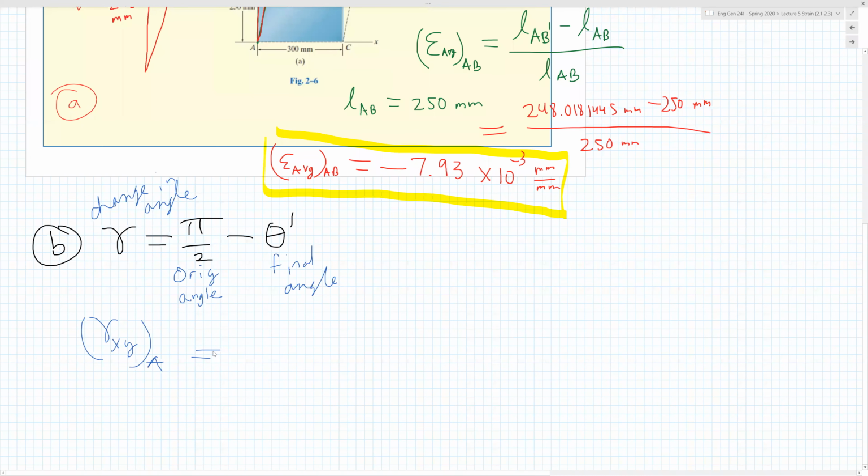At point A, okay? So we need to figure out what theta prime is. We already know the original, it's 90 degrees.